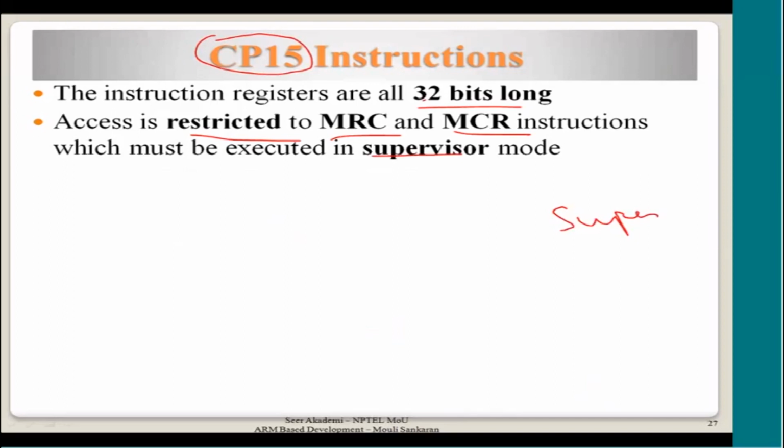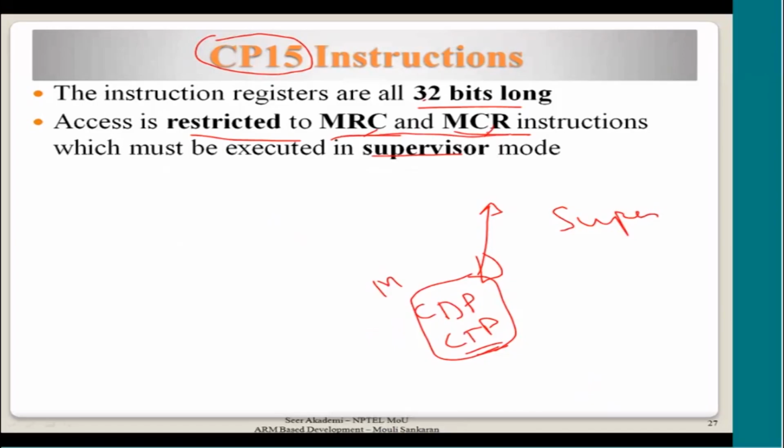You cannot give any other coprocessor instruction, like a CDP instruction or a coprocessor transfer instruction. We saw many other coprocessor instructions which are data processing and transfer instructions, from coprocessor to memory transfer. Those things cannot be done on CP15.